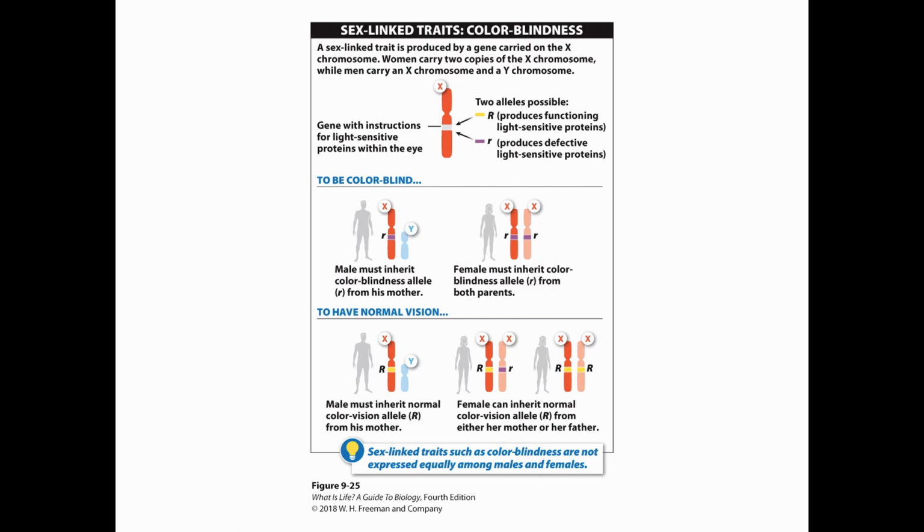Because females have that second X, they have that extra protection in place. It takes two alleles, meaning she has to have a recessive allele from both mom and dad. That means mom has to at least be a carrier for colorblindness, and dad must be colorblind himself in order for a daughter to be colorblind as well.